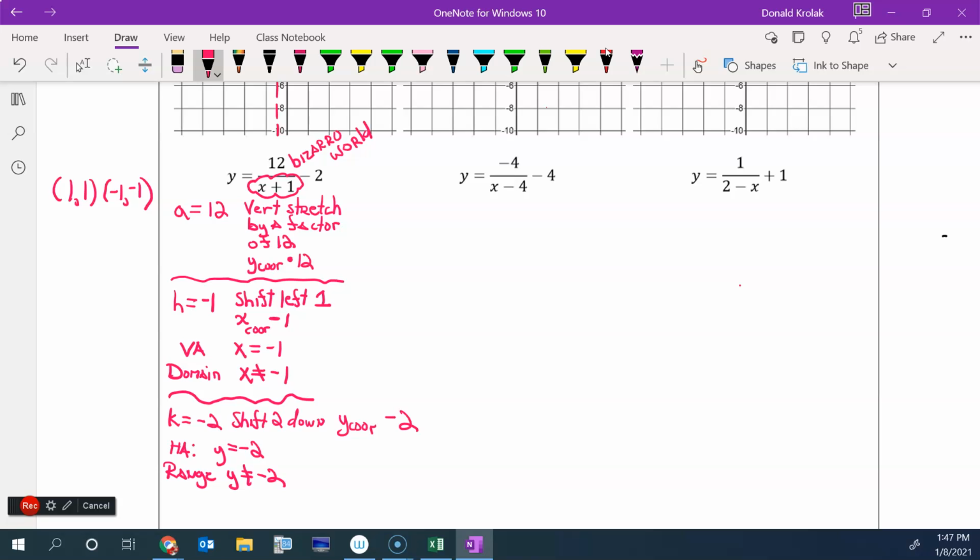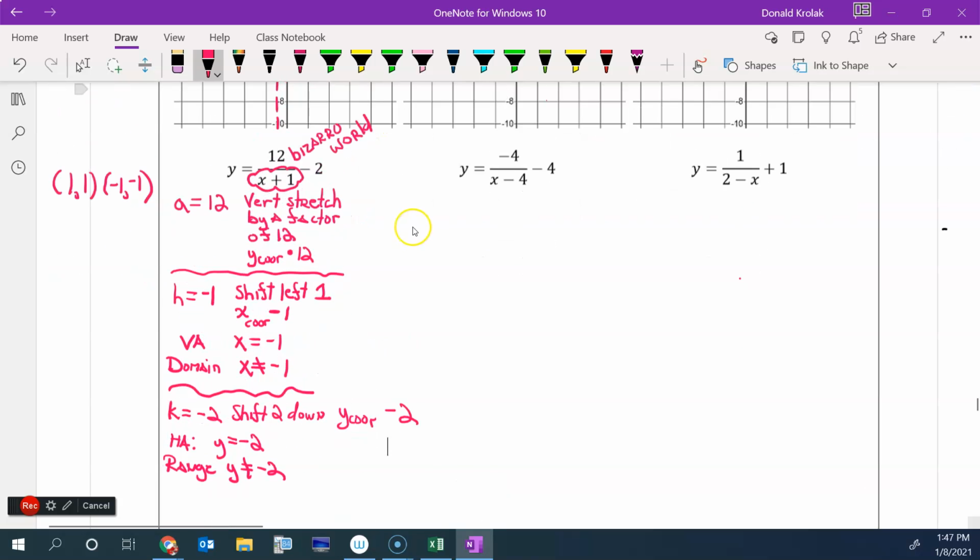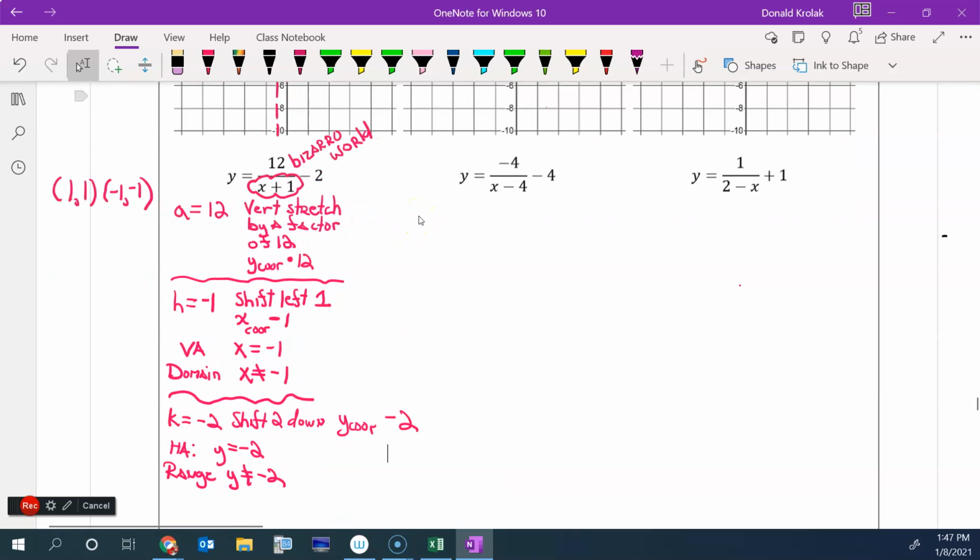Okay, now to start it, if we were doing this problem, here's how we could do this problem. I'll show you there's a lot of different ways. I could shift it left. You don't need to write this down, but I could shift left 1.